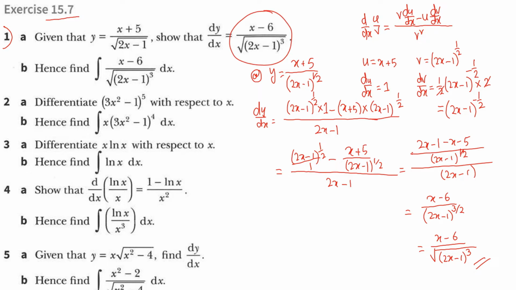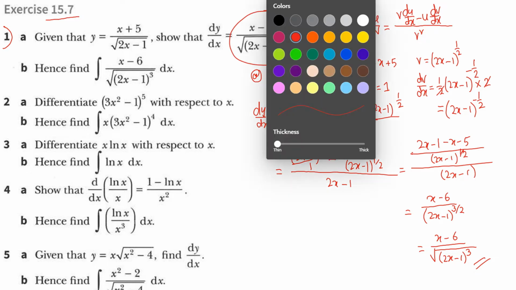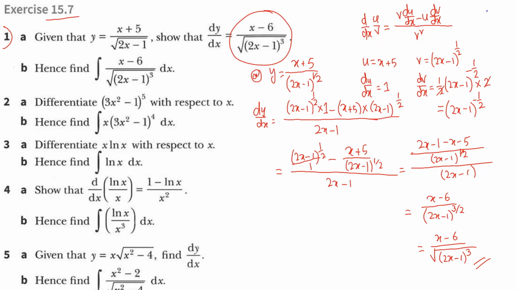Now the second part of this question is very simple. If we differentiate y, dy by dx, we get this expression. Now the same thing is given as an integration, so we do not need to do it again.